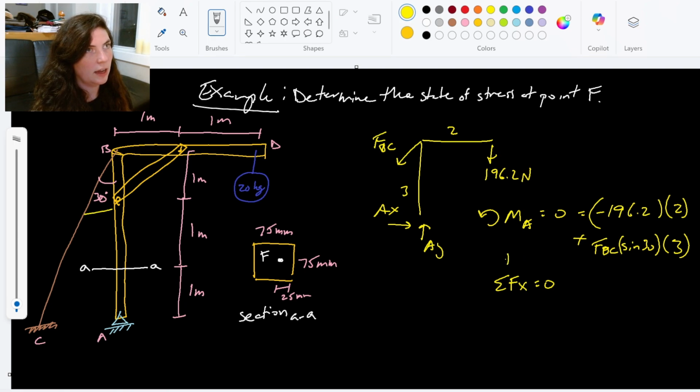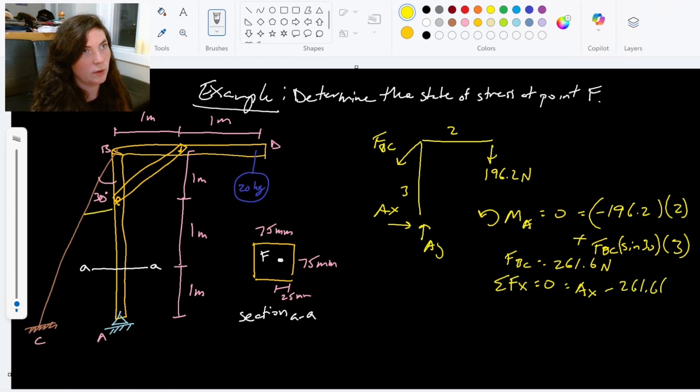Plug all that into the calculator, and it gives me that the force in that cable BC is 261.6 newtons. And now that I've had that, it's going to be really easy to find AX and AY. I do my sum of X forces, that's going to be AX minus the X component of FBC.